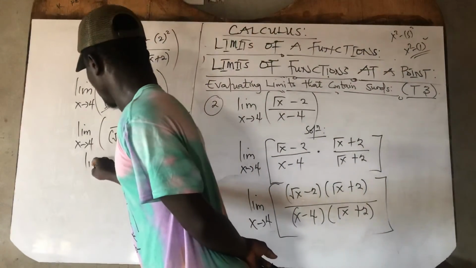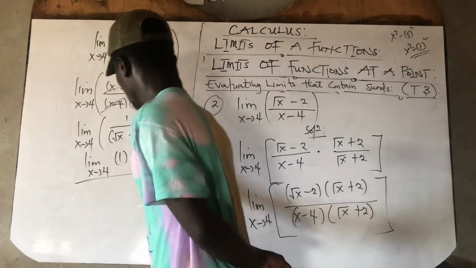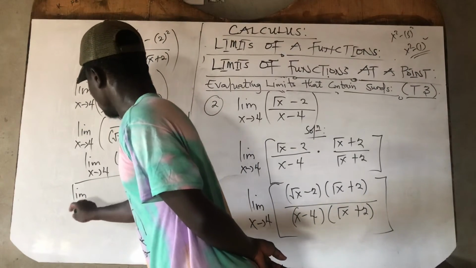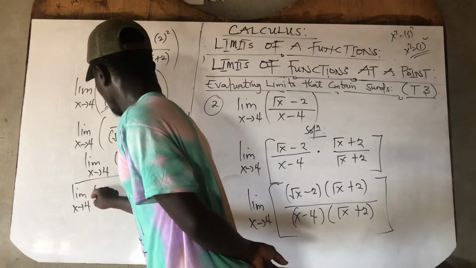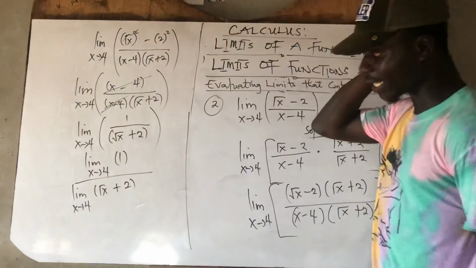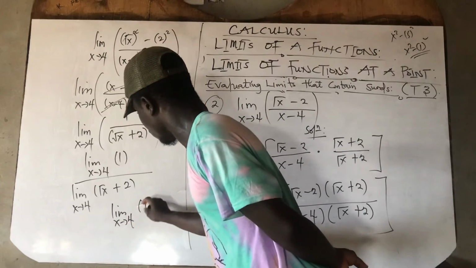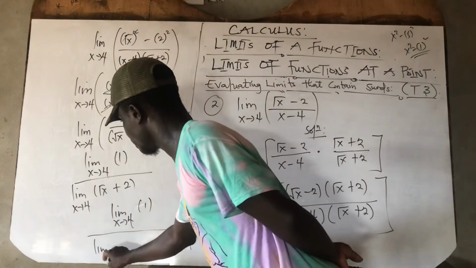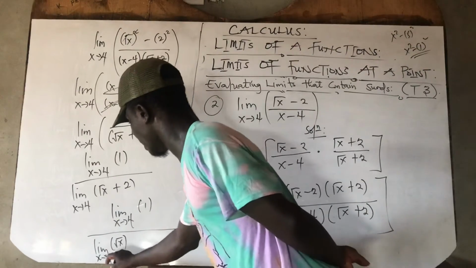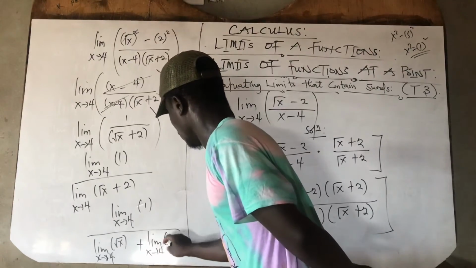So we can take the limit as x approaches 4 of 1 all over the limit as x approaches 4 of what? Square root of x plus 2. Right. So with this, I can proceed again and say that the limit as x approaches 4 of 1 all along the limit of square root of x as x approaches what? 4. Right. Then plus the limit as x approaches 4 of what? 2.